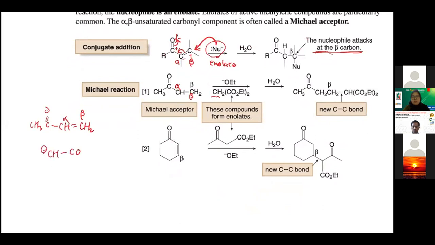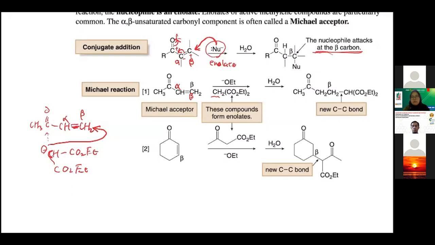Yes, because this one has two carbonyl groups attached here, this carbon is highly activated, and the beta attack happens here, not here. Yes, because this compound has one more double bond next to the carbonyl.